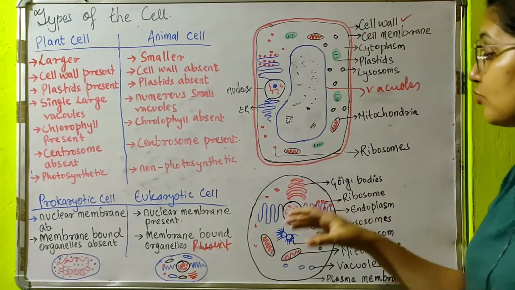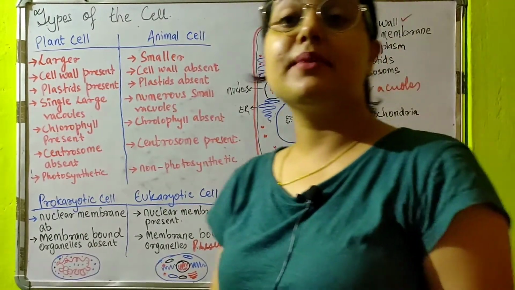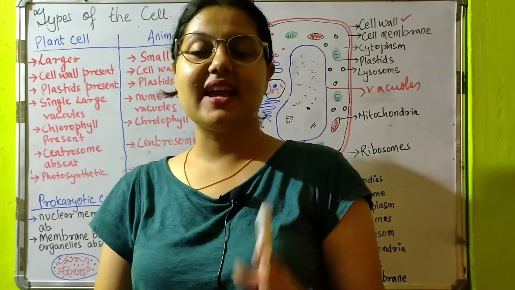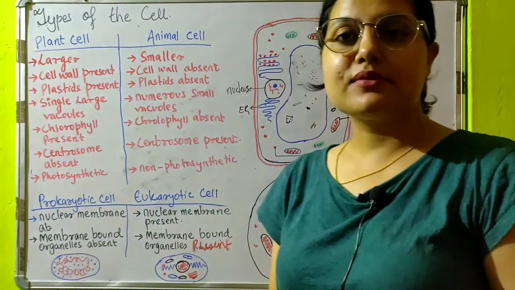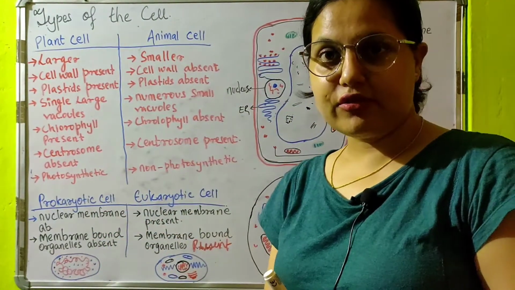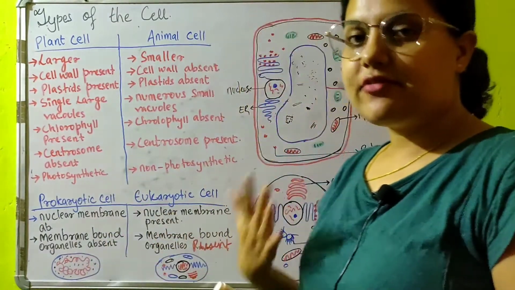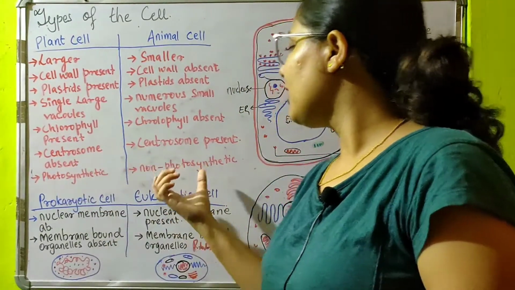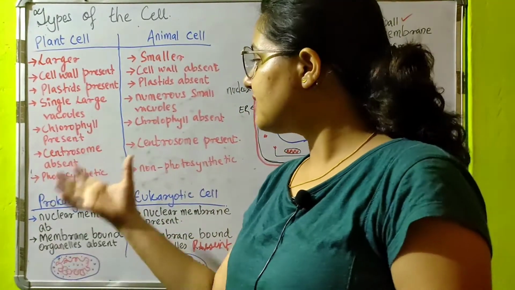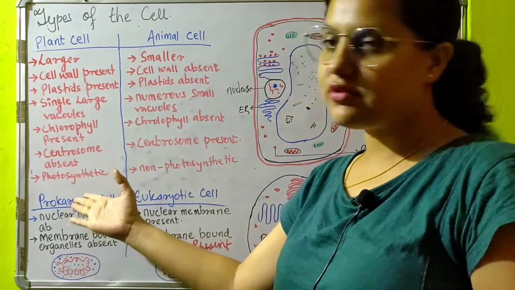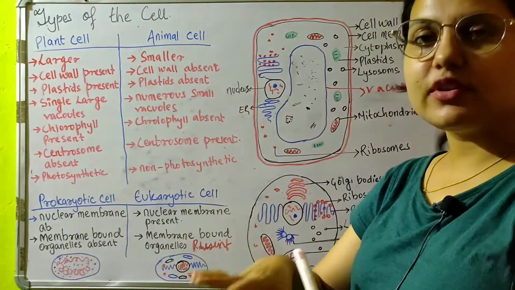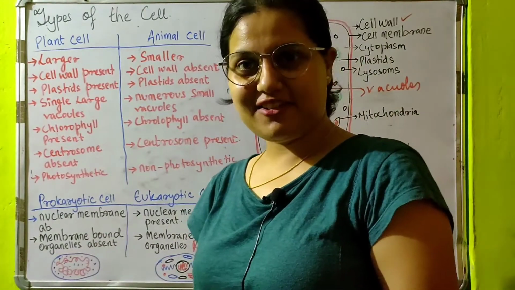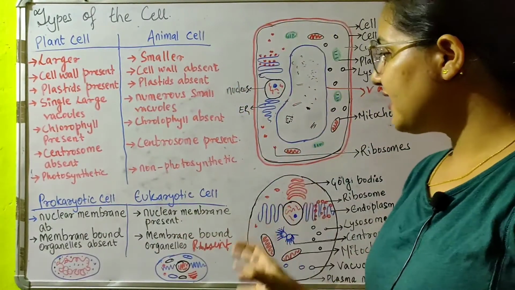Centrosome is present in animal cell but it is absent in plant cell, and I told you again, it helps in cell division. The last thing that I have added is photosynthetic and non-photosynthetic. Since plant cells have chlorophyll, they are photosynthetic. Since animal cells do not have chlorophyll, they are non-photosynthetic. All right, I hope this is clear to you.